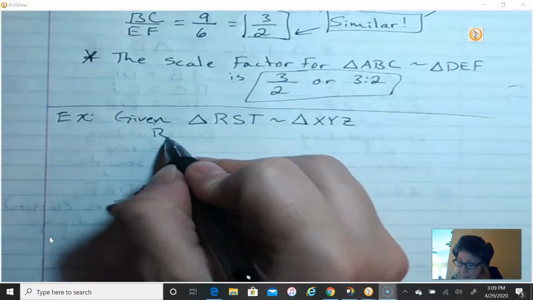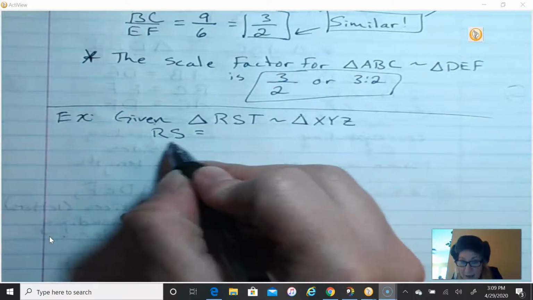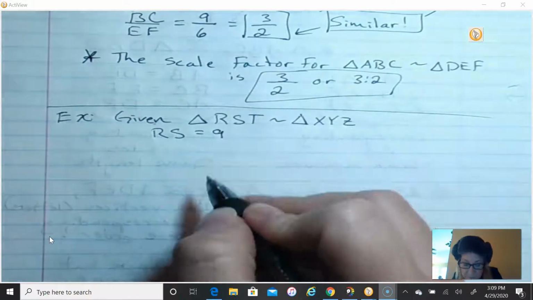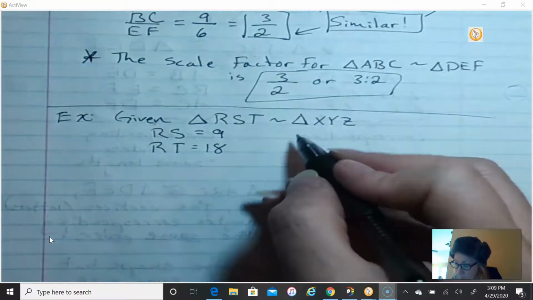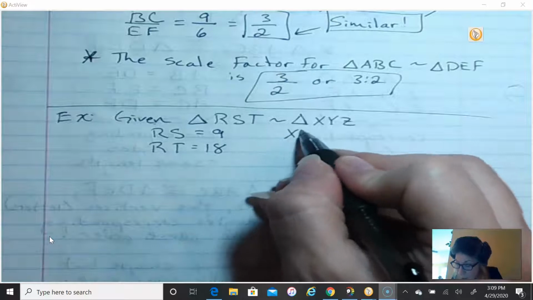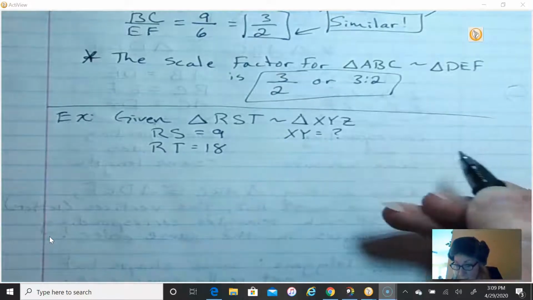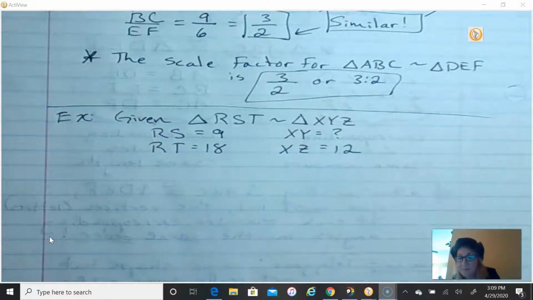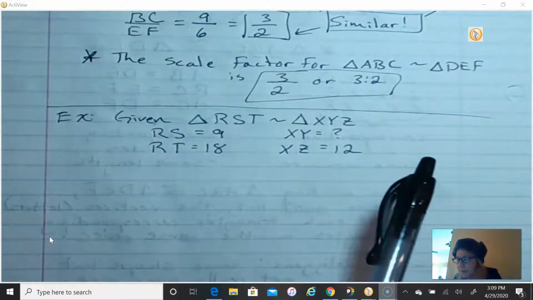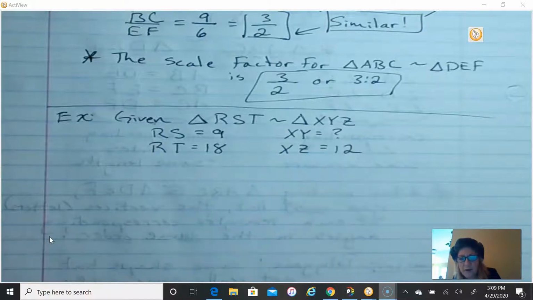Let's say they tell you side RS is 9, side RT is 18, side XY we don't know, and side XZ is 12. Okay, we've got to find what the measurement is for XY.